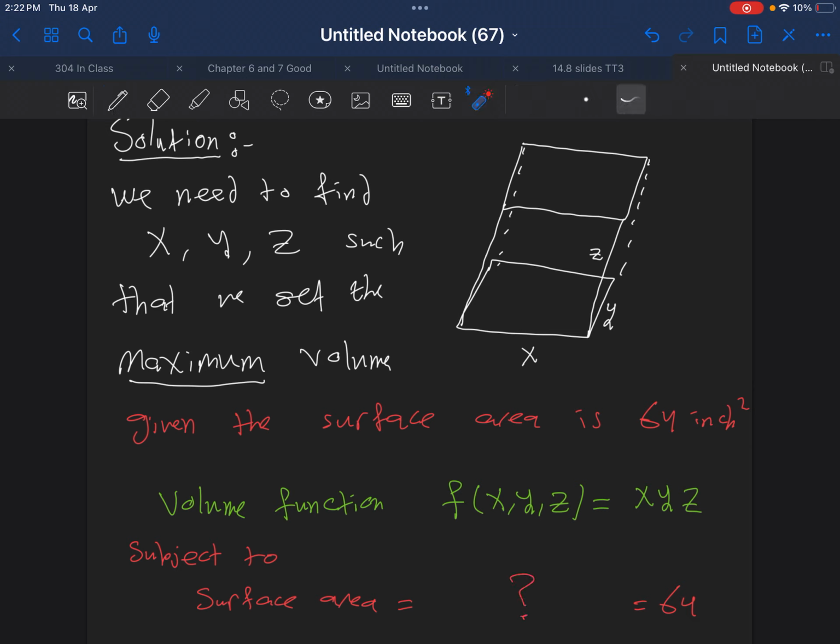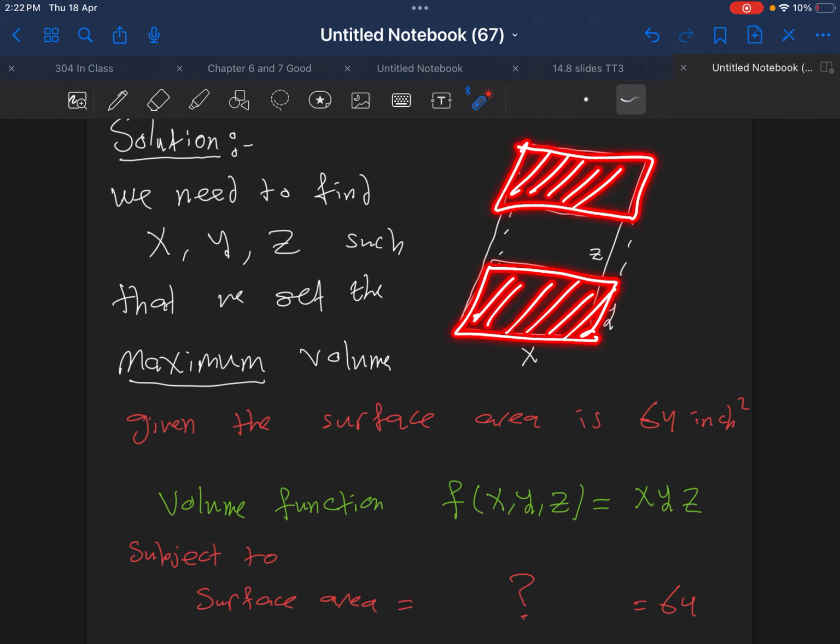Now I need to write what the surface area is. Remember, the surface area is the area of the sides. If you look at this box, the first side we can see is this side down here. This is a rectangle. A usual rectangle has an area of xy. But this one here is already doubled. We have one in the bottom, one in the top.